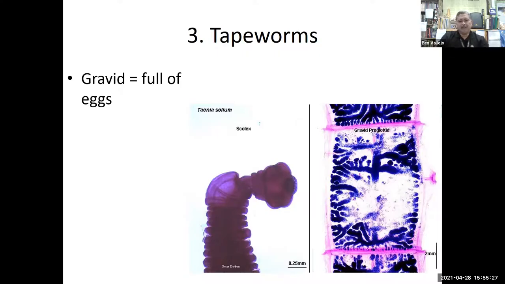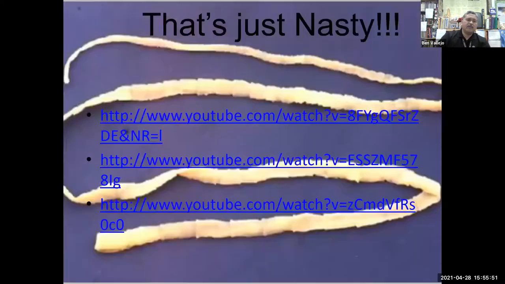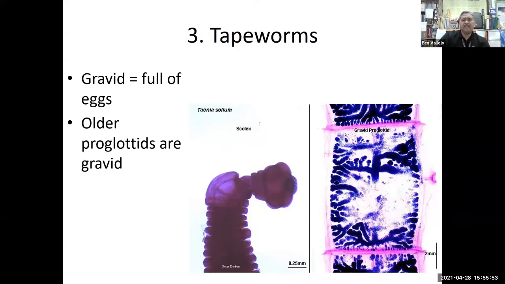Those may be gravid or full of eggs, and when those older sections drop off or break off, then the eggs are released into the feces, and when the vertebrate animal goes to the bathroom, then those eggs are released into the environment, and that is how tapeworms are spread. And again, older proglottids are gravid.